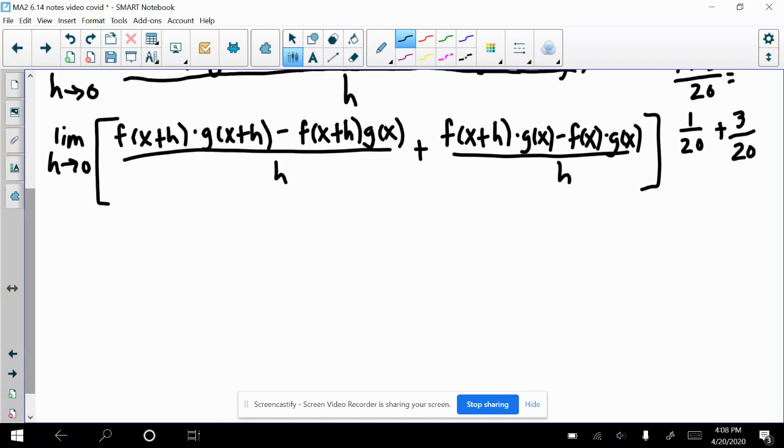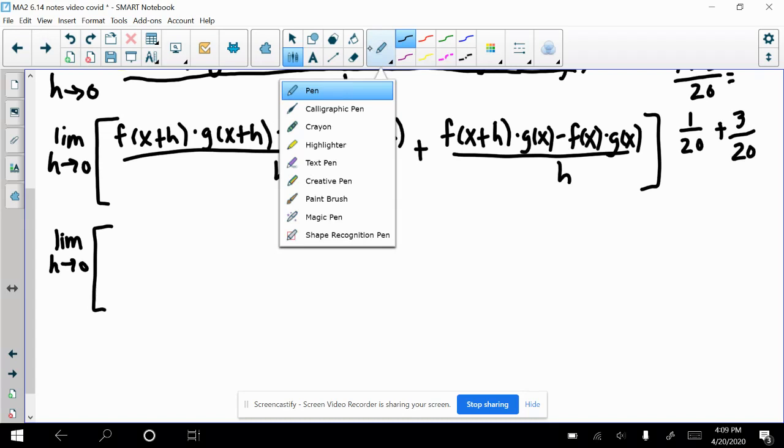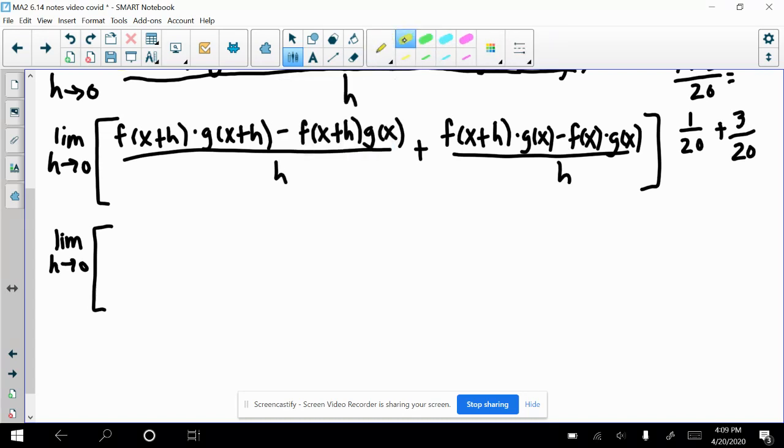Now I'm going to work with each of these by doing some factoring. If you look at this very first fraction, what we have in common in the numerator is both terms have an f of x plus h. So what I'm going to do is factor that out. So we have the limit as h approaches 0, and now I'm going to work with the algebra of this. Let me highlight what they have in common. Both terms have an f of x plus h in common, and so I'm going to factor that out.